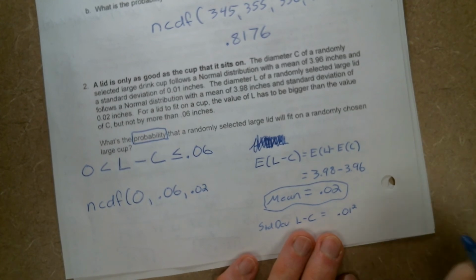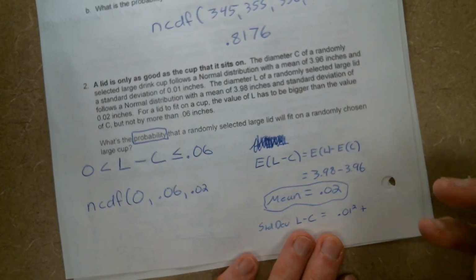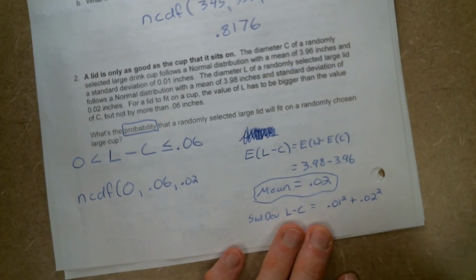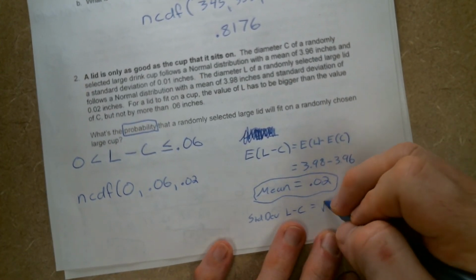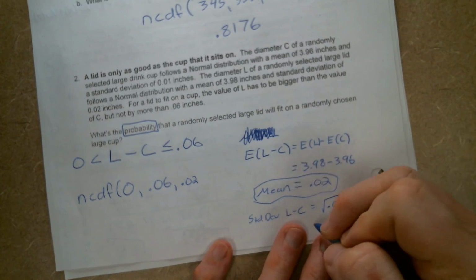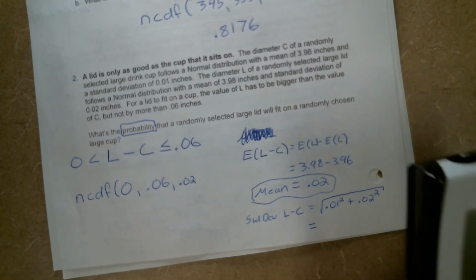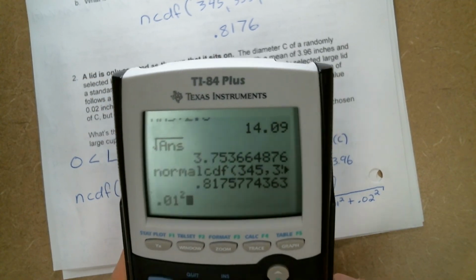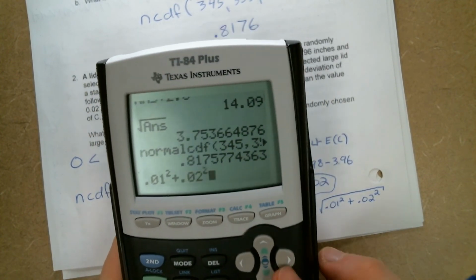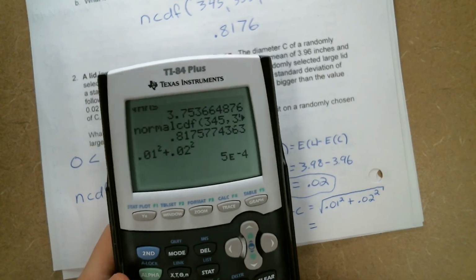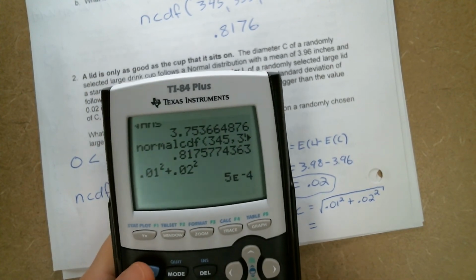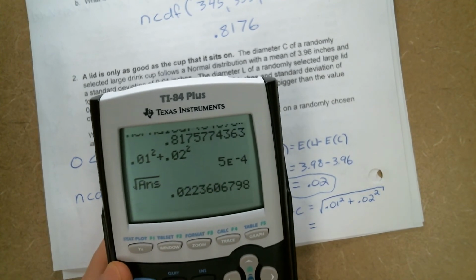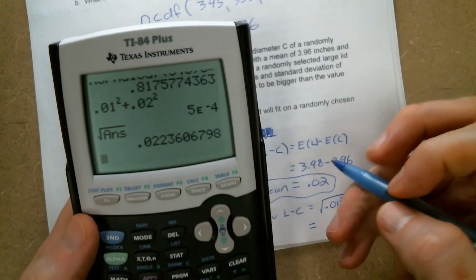All right, the variance is just the standard deviation squared, plus 0.02 squared. And then we take the square root to get that back into a standard deviation. So we've got 0.01 squared plus 0.02 squared. All right, and then if we take the square root of that, we end up with 0.0224, we'll say.